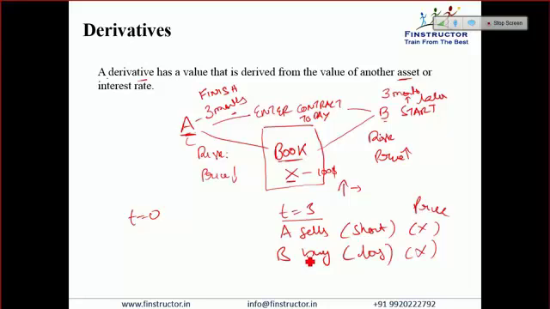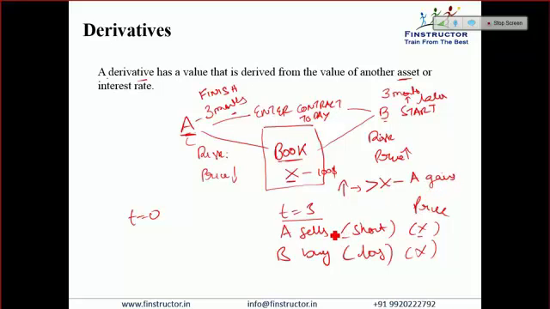The contract obligates that A has to sell and B has to buy for X. If the price at t equal to 3 is greater than X, then do you agree that A would have gained from the contract?